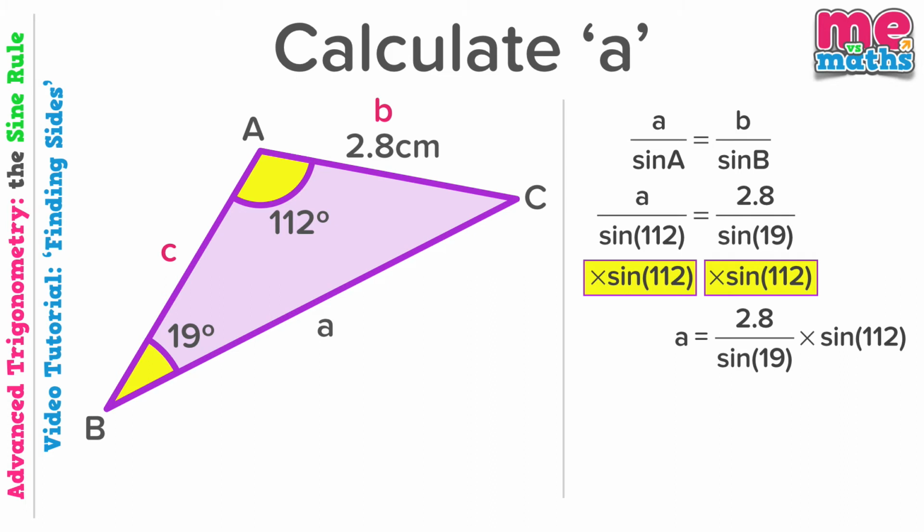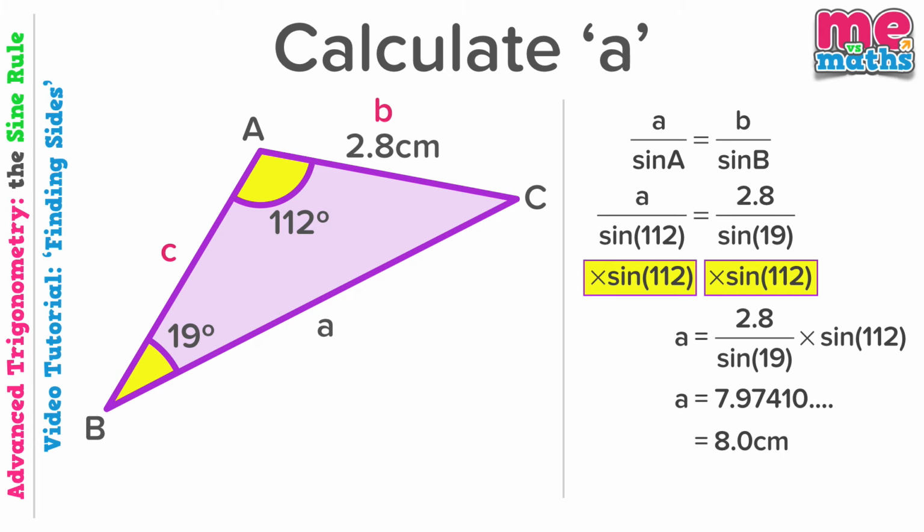As I always say, this is where having your own dedicated calculator is really helpful. You can enter everything on the right hand side in one go, exactly as it looks there if you've got a fraction button to work with. So enter that little lot, press equals, and you should get a messy answer that A is equal to 7.9741 and so on. We'll round that off to one decimal place, and that'll actually round to 8.0 centimetres.